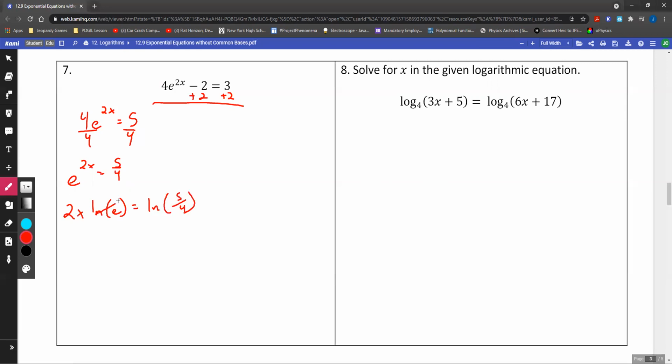Remember, ln of e is actually just 1. So this becomes 2x equals ln of 5 over 4. Divide both sides by 2. So in the calculator, I write ln of 5 divided by 4, close the parentheses, divide by 2, and I get 0.112.